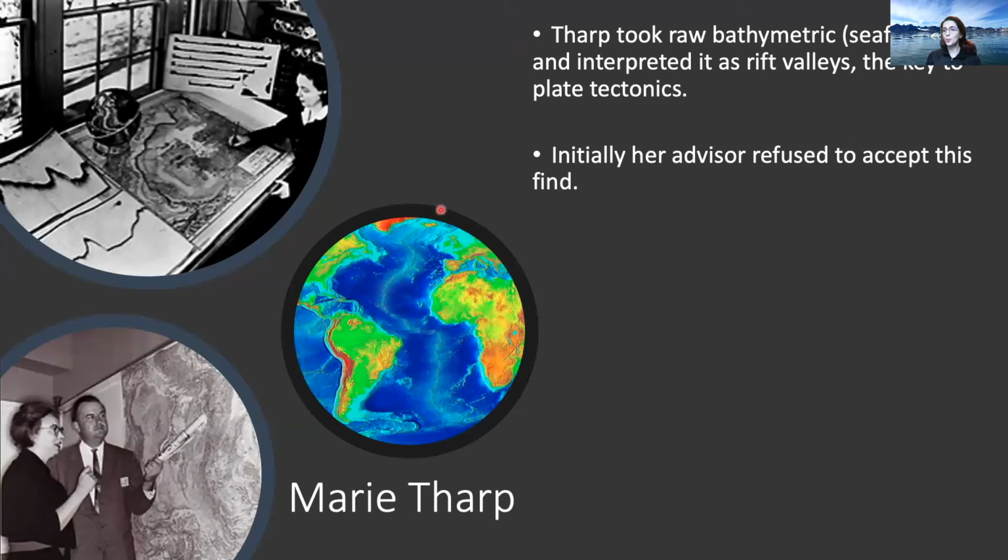And so when she brought these findings to her boss, he initially thought she was not onto something at all, and he refused to accept this find. Instead, at this time, it was thought that the Earth was expanding uniformly from the inside out. No one had any idea about the mechanisms for plate tectonics, and therefore it was not widely accepted.